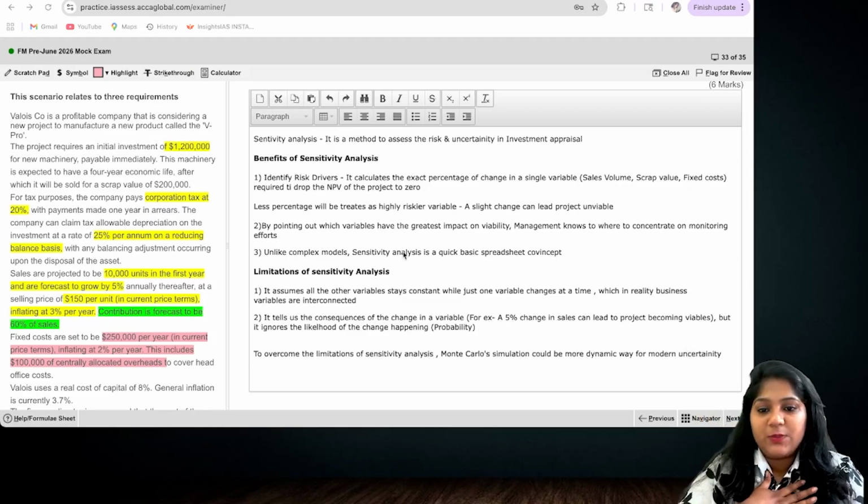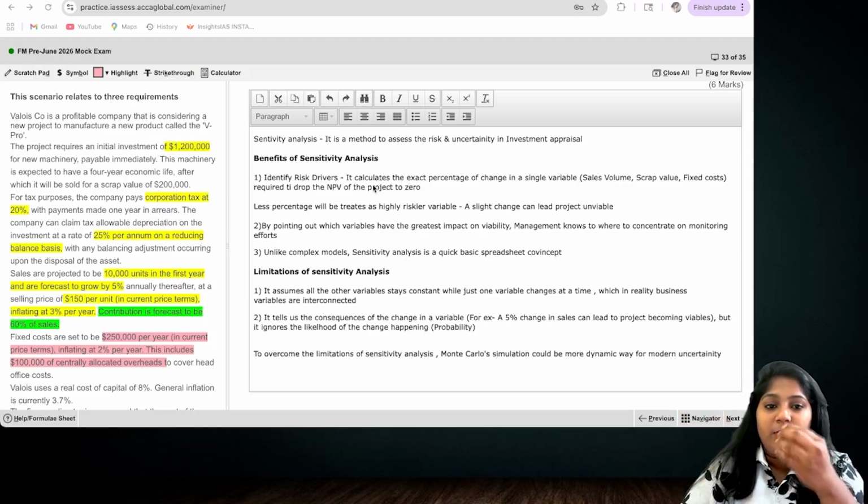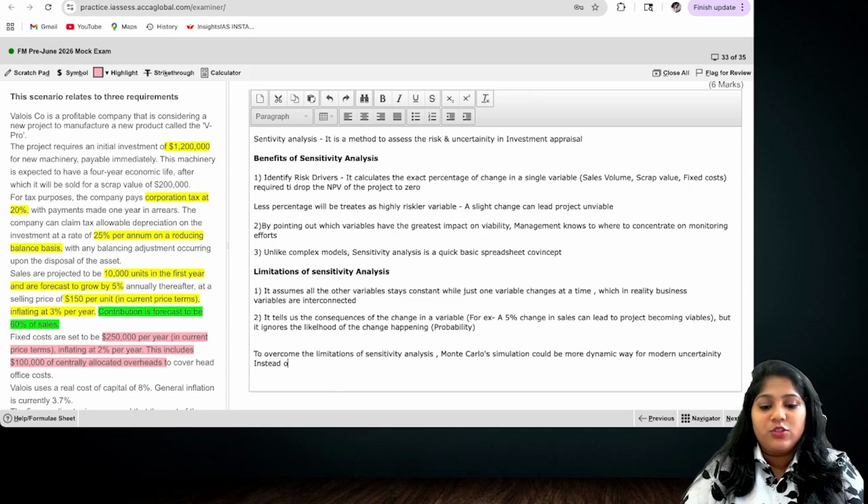Just give one more line of explanation, that should be fine. Because instead of changing one factor at a time, simulation models thousands of random combinations of multiple variables simultaneously. Correct?